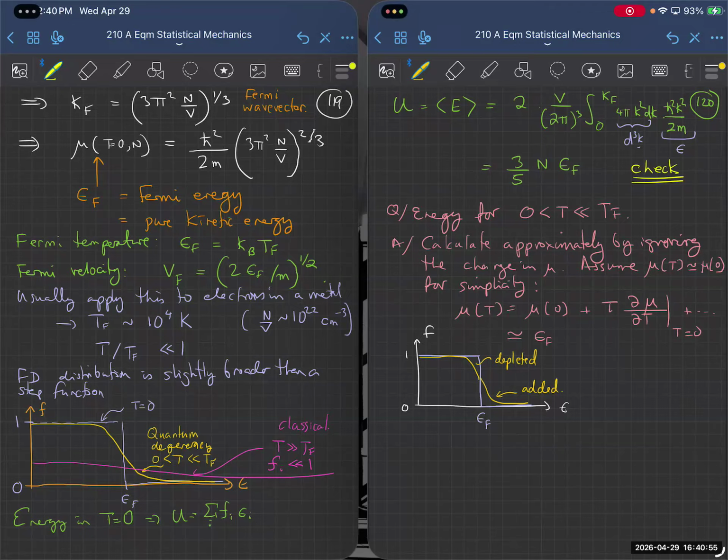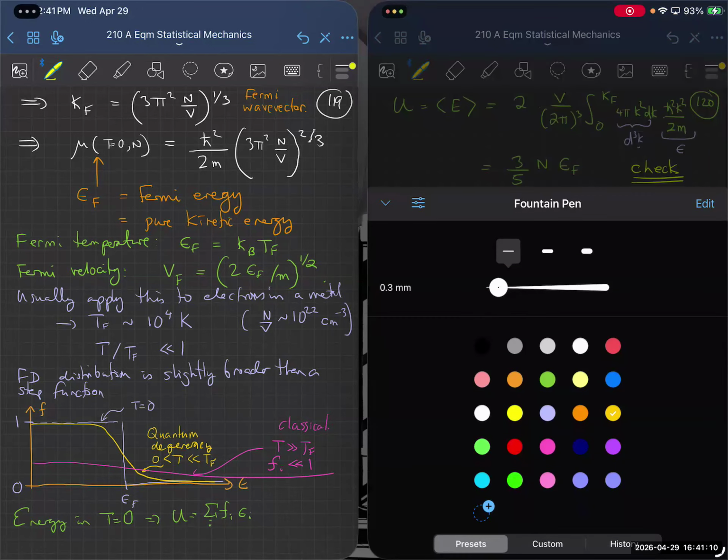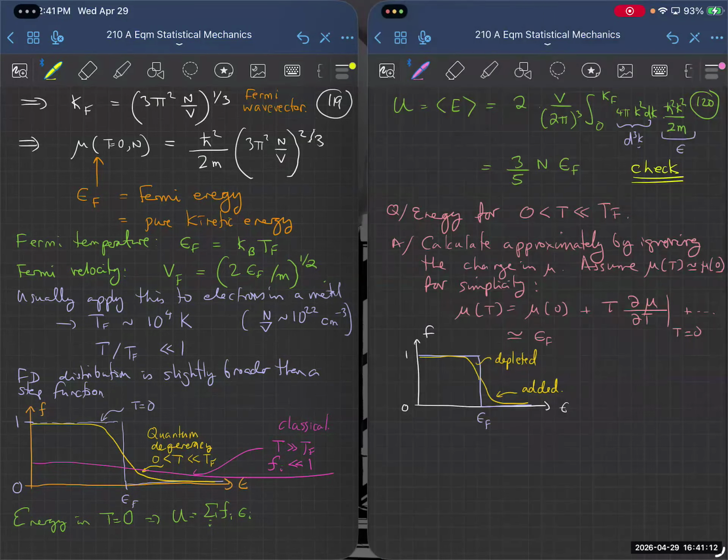So by ignoring the shift in the chemical potential, which you can take into account, and it makes a higher order correction to what we're going to compute, we can just simply say that particles that had energy here have now moved to having energy above the Fermi energy.